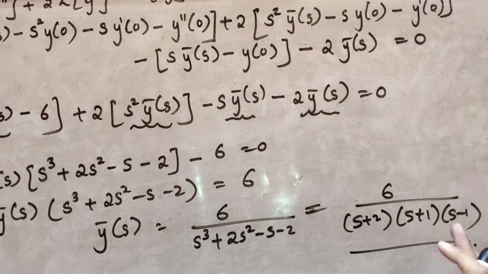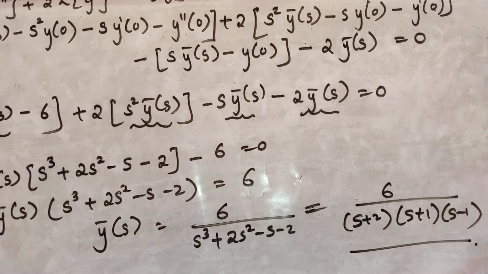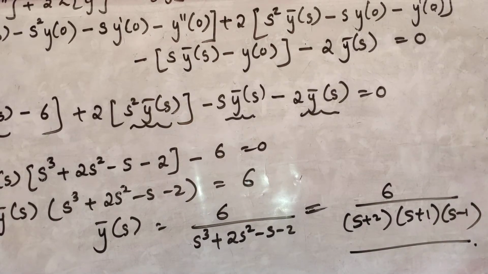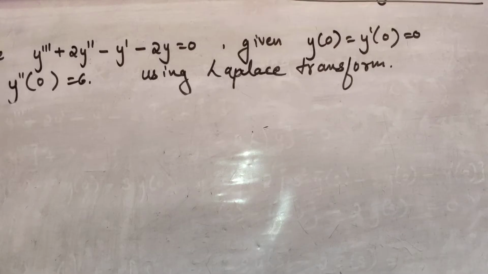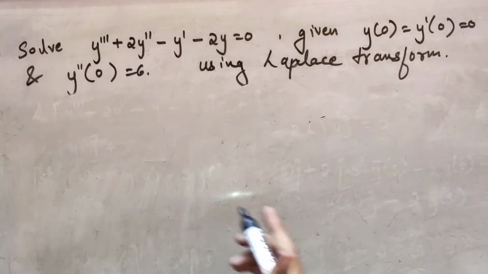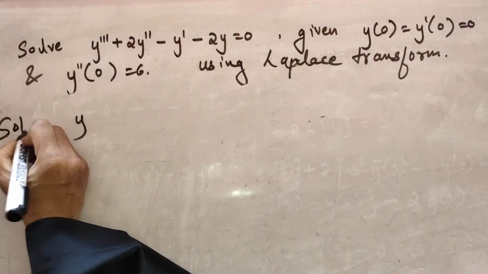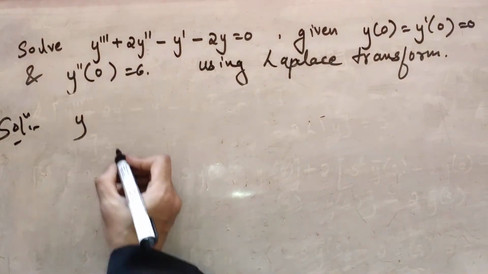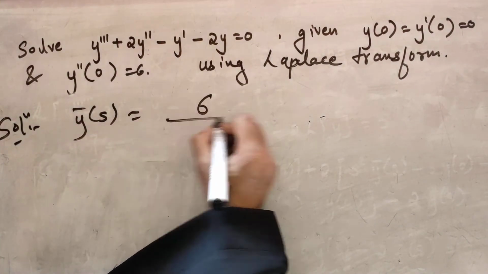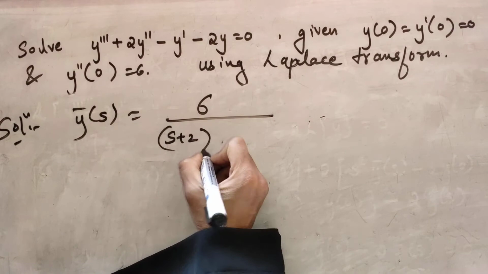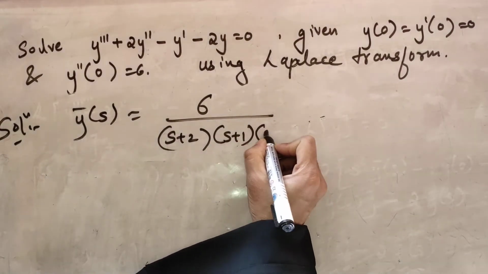But before that, how are you going to get the inverse Laplace transform? See here, they are all simple brackets in the denominator. I'll use the partial fraction method. Okay, I will use the inverse Laplace transform by partial fractions and solve it. Okay, let's do that. So you had got your y bar of s to be 6 divided by s plus 2, s plus 1 and s minus 1.